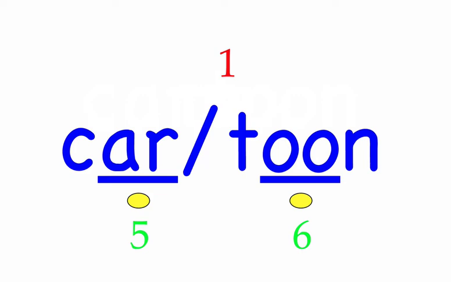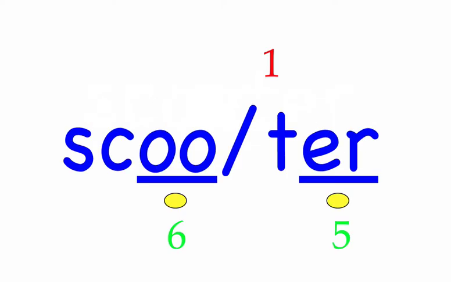Scooter. The boy went on his scooter. Scoo, 3 sounds. S, k, oo. Ter, 2 sounds. T, r. Scooter. Mark the word. Namesake. His namesake gave him a nice gift at his wedding.